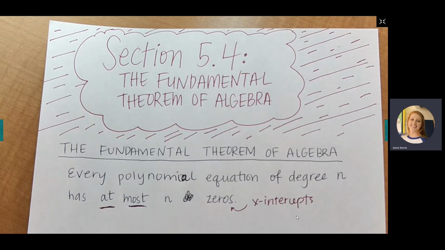And remember, the degree is the highest exponent when you're looking at your polynomial. So that means if you have a polynomial that's degree 3, it's going to have at most 3 x-intercepts. I'm going to give you all a second to write that down, and then I'm going to explain what the words at most mean.